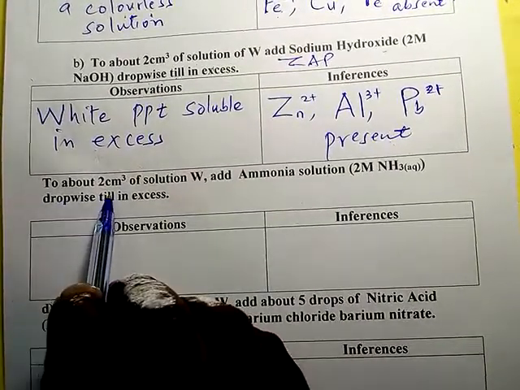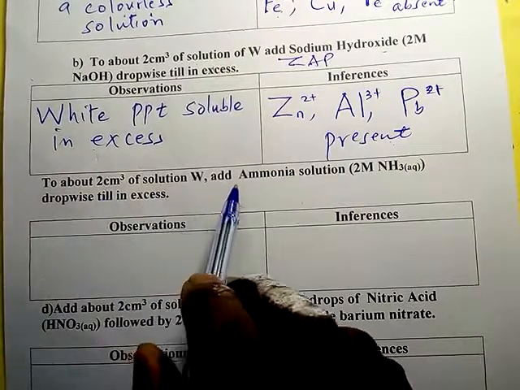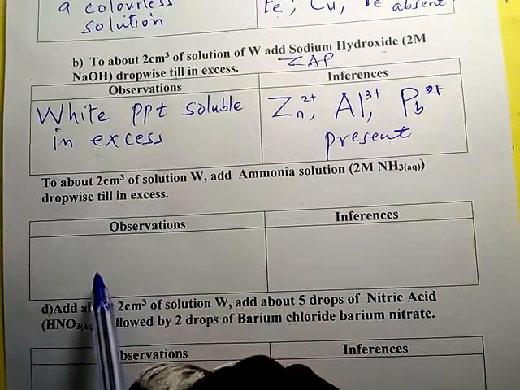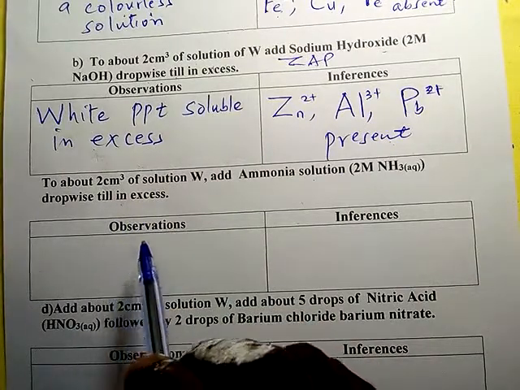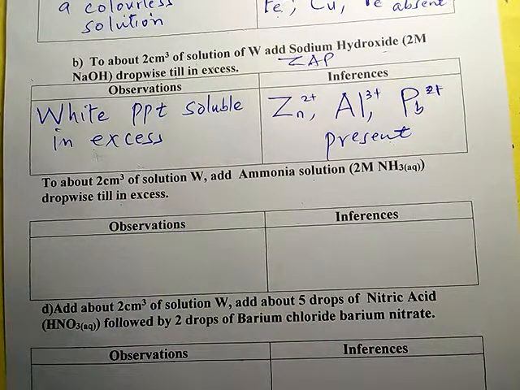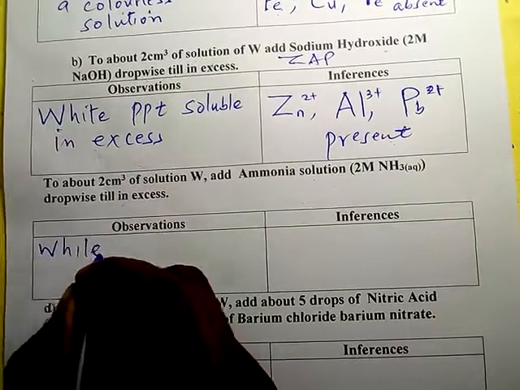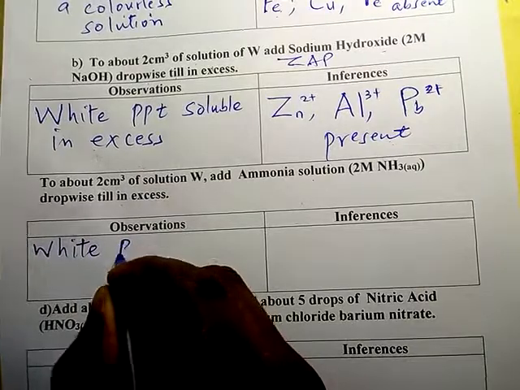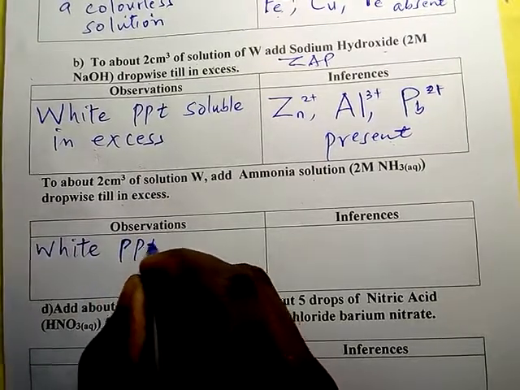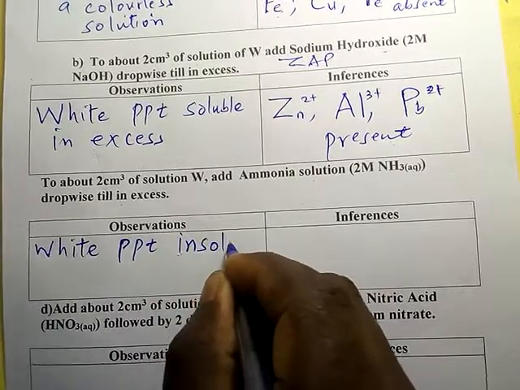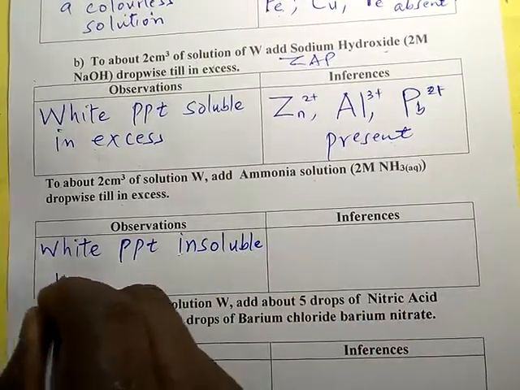To about 2 centimeters cube of solution W, add ammonia solution, dropwise till in excess. So a white precipitate, white PPT, insoluble in excess, which does not dissolve in excess.